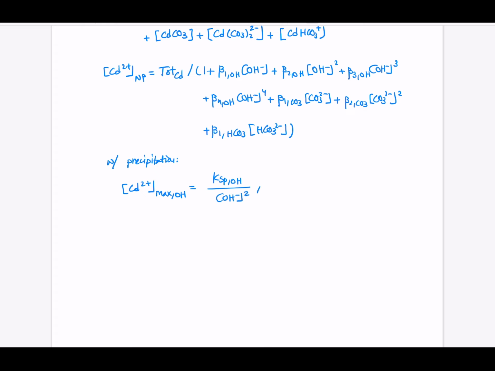That's basically literally coming from the Ksp expression. And the cadmium 2 plus concentration max, considering CO3, Ksp CO3, then CO3 2 minus.